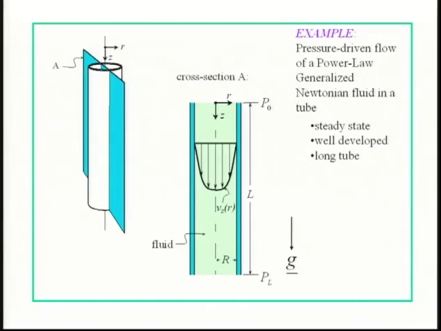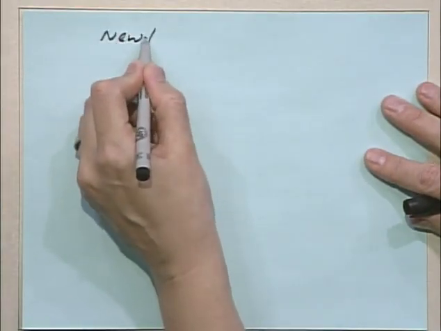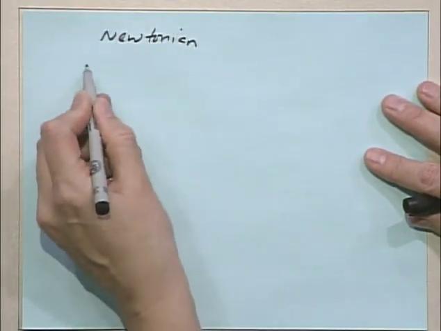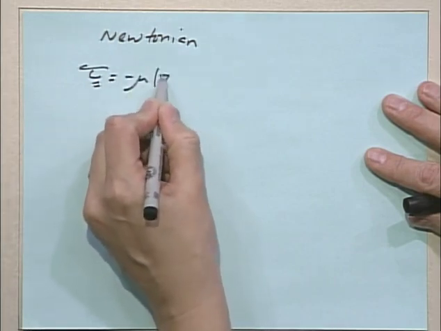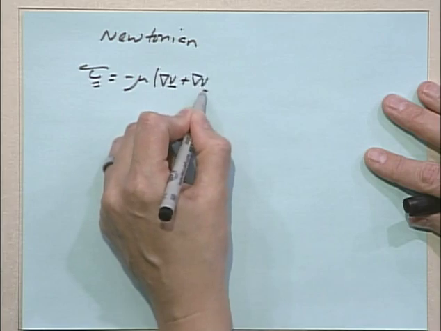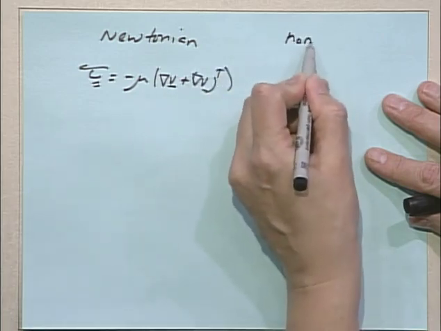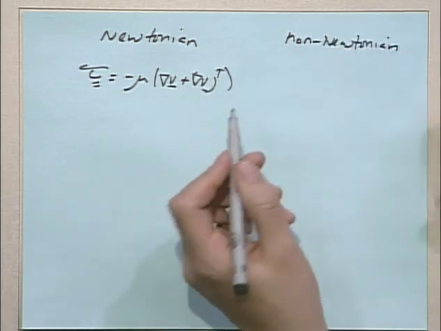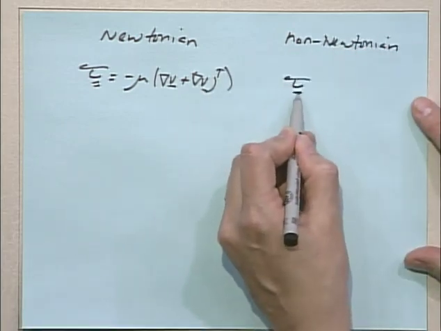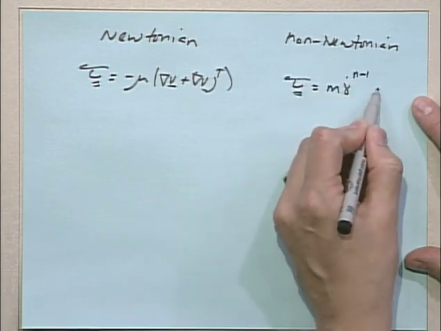So we know if we were doing the Newtonian case, tau is equal to minus mu gamma dot, del V plus del V transpose. For the non-Newtonian case, we have the power law model. Tau equals m gamma dot to the n minus 1 times gamma dot.